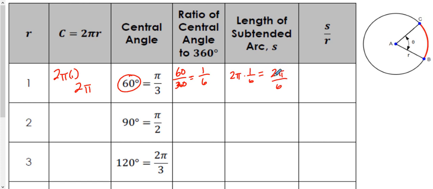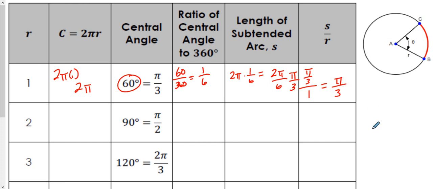And this can be simplified, if you notice that 2 goes into both of those. That's just going to end up being pi over 3. Then we're going to take this pi over 3 and put it over r. Pi over 3 over r, which is 1, is just pi over 3.